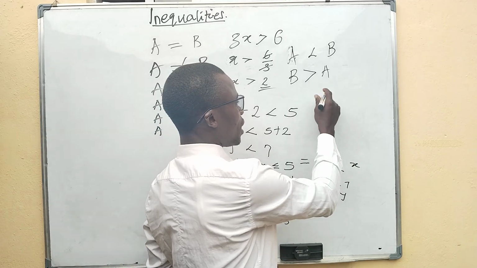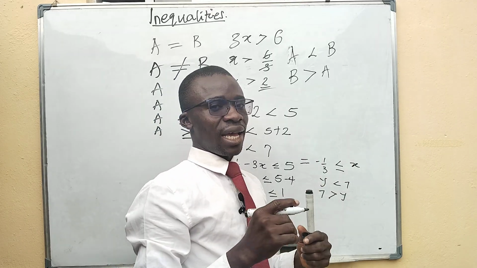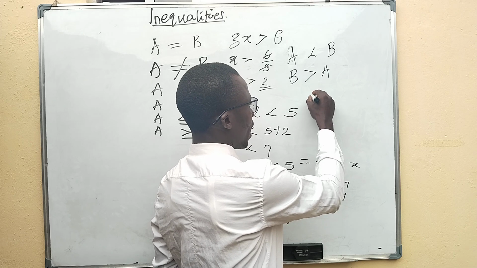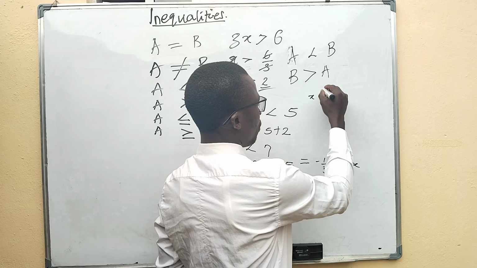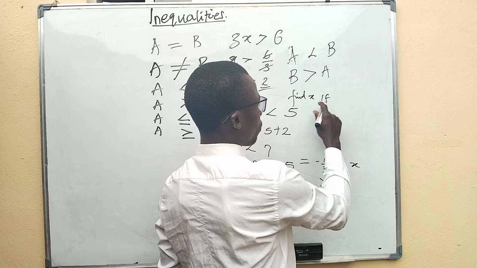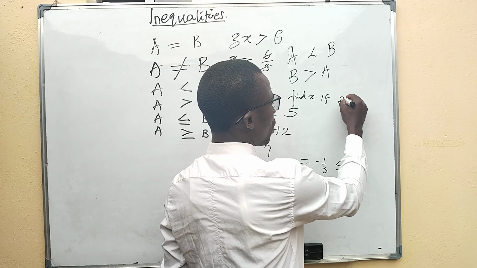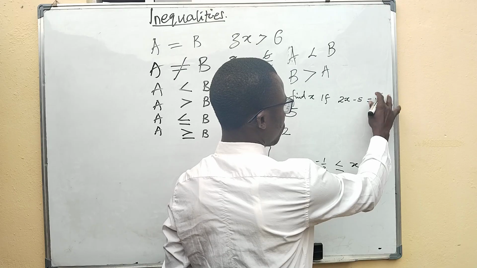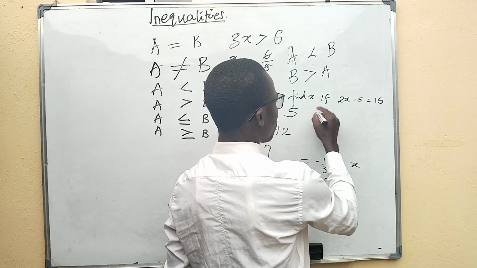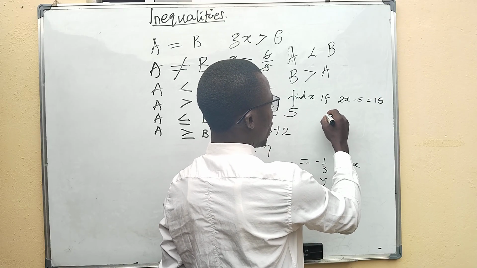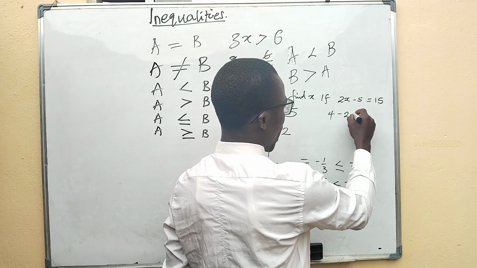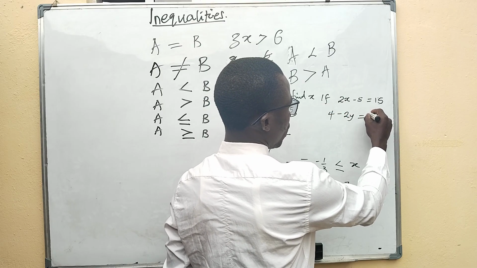Please solve this for me and drop your answer in the comment section. Find x if 2x minus 5 is greater than 15, and 4 minus 2y is less than or equal to 8.